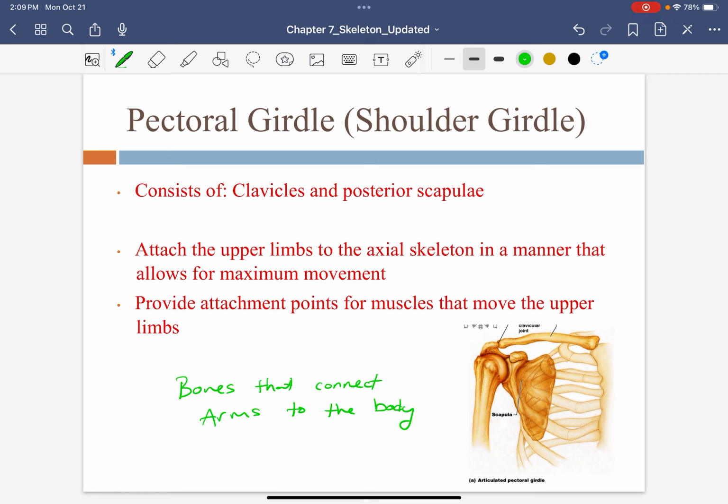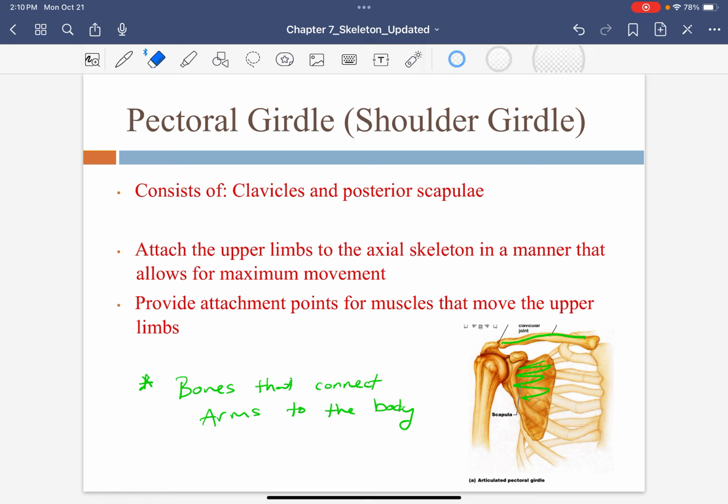The pectoral or shoulder girdle would be the bones that attach the arms to the body. Yes, it's made up of the clavicle and the scapula. I just would like you to know the function. The pectoral or shoulder girdle, the bones that attach the arm to the body.